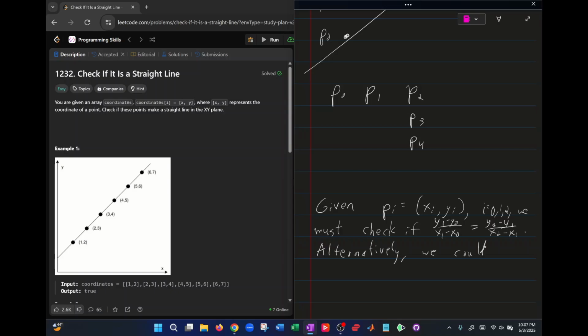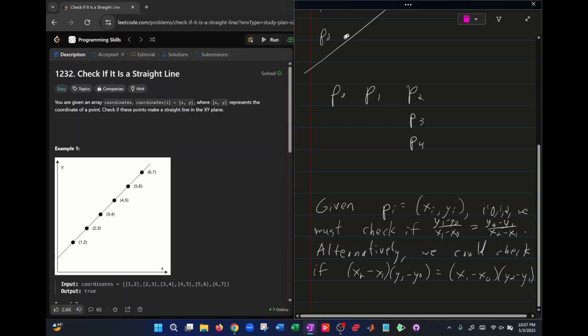We could check if, and let's just multiply this out, x2 minus x1 times y1 minus y0 equals x1 minus x0 times y2 minus y1. Right, because if this equation holds, then the slopes of the two lines that we're talking about are the same.